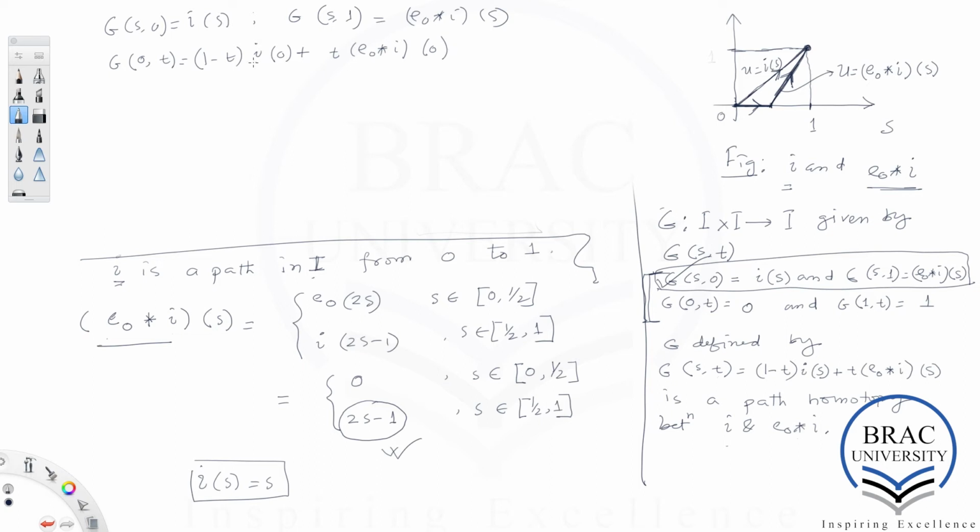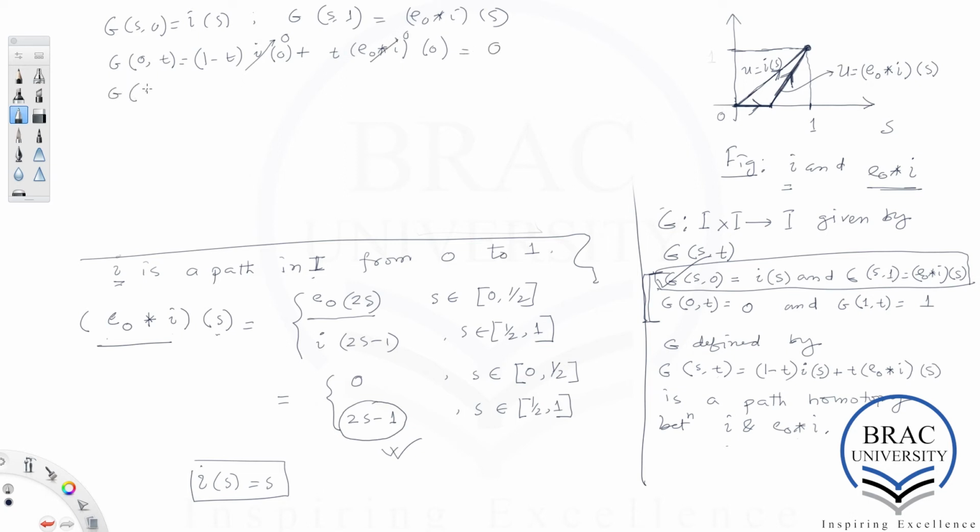So I of 0 is going to be 0 because I is the identity map, so this goes away, and E0 star I at 0, so this formula holds, and E0 of 0 is again 0 because E0 is the constant map mapping everything to 0 in I, right? So this also goes away, we end up with 0.